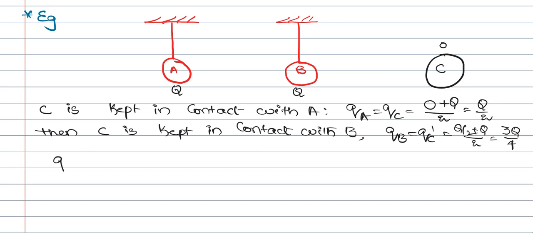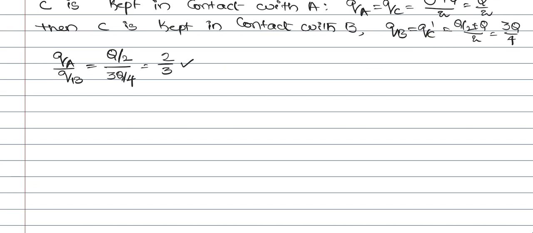Now they'll ask what is the ratio of the final charge on A to the final charge on B. Final charge on A is Q by 2 and final charge on B is 3Q by 4, so the ratio will be 2 is to 3. So you can expect some questions like this with identical spheres.